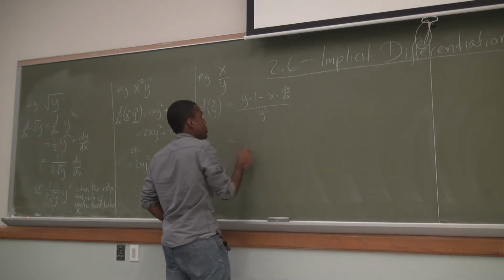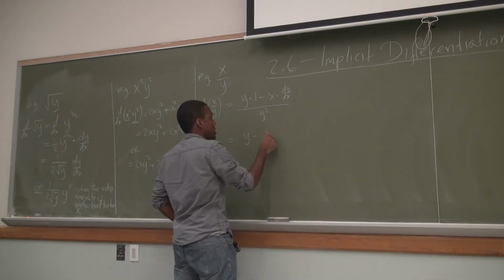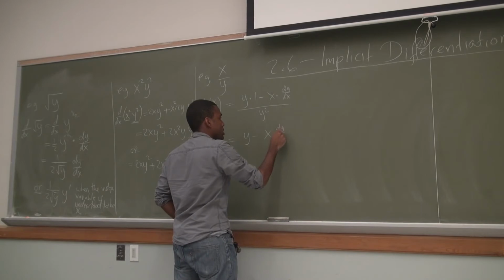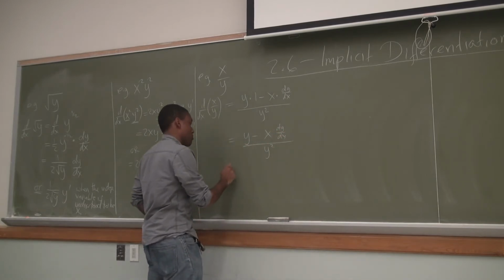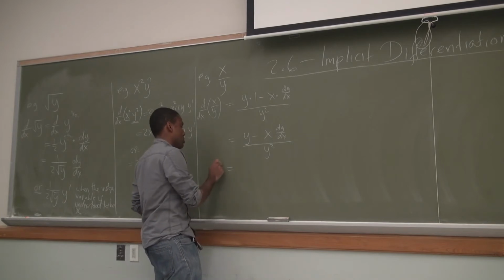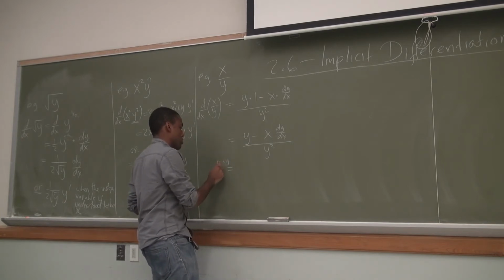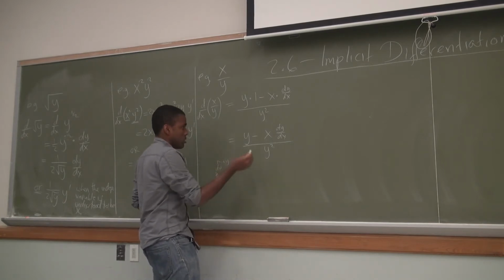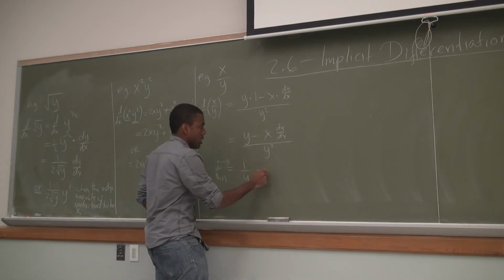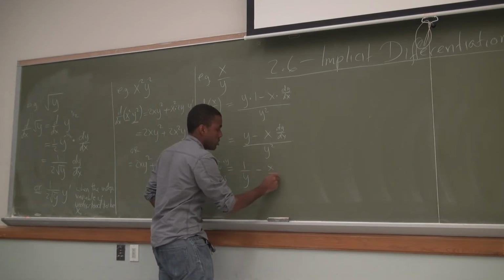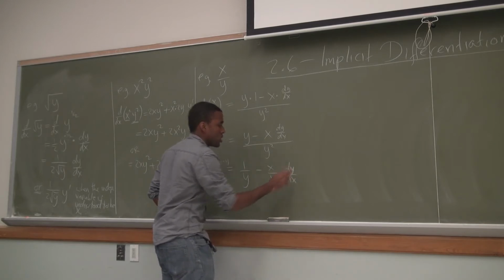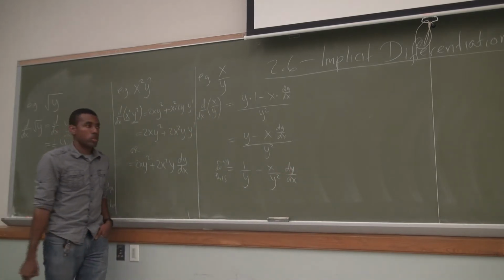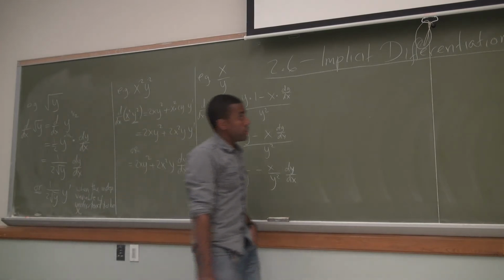So I can actually write the derivative of this as y minus x dy dx all over y squared. It's up to you if you want to even write this as two separate terms, but you probably don't need to. There are cases where you're going to want to split them up. You'll see cases like that later.